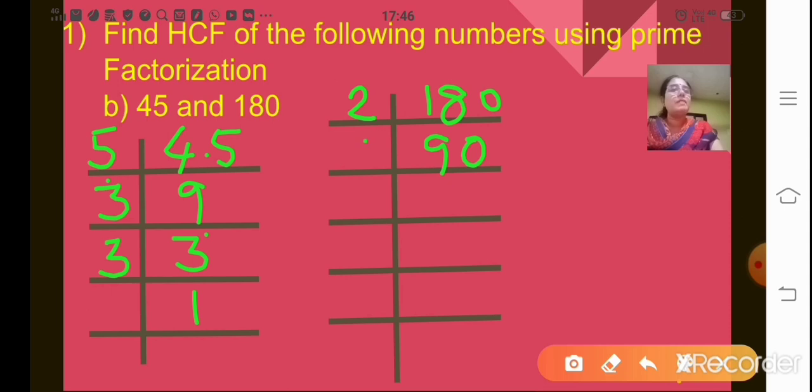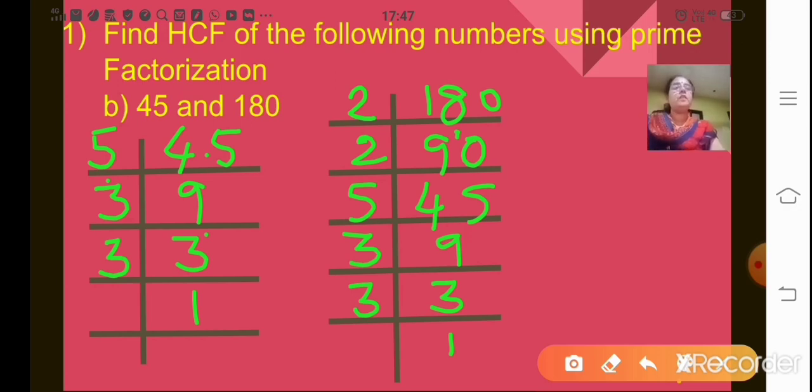Again 0 in the ones place, so it is divisible by 2. 2 fours are 8, 2 fives are 10. Again 5 nines are 45. 9 is divisible by 3. 3 threes are 9, and 3 ones are 3. Okay, so we got all the prime numbers.